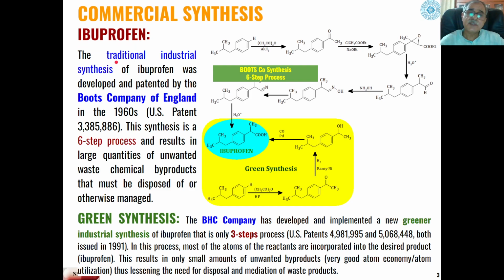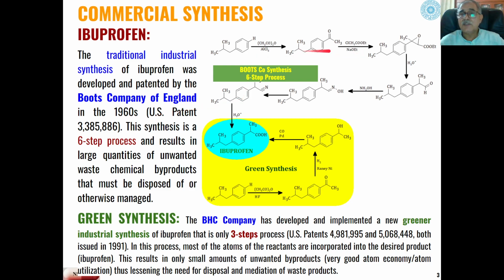As far as the traditional industrial synthesis of ibuprofen is concerned, it is synthesized from secondary butyl benzene, and this has been patented by the Boots Company of England in the 1960s.